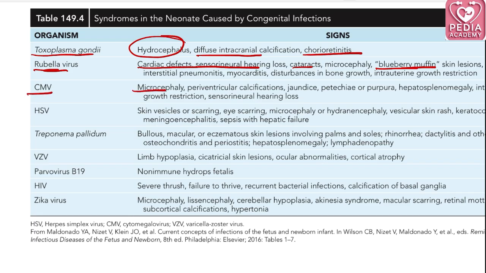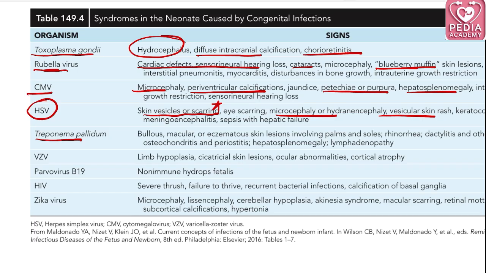CMV: microcephaly, periventricular calcification, petechiae, purpura, hepatomegaly. HSV: skin vesicles, scarring. This is very important. Microcephaly, vesicular rash. Treponema pallidum: bullous macular eczema, skin rash, rhinorrhea. Rhinorrhea is very important. Previous year question.